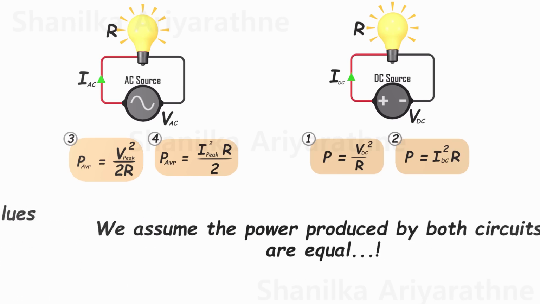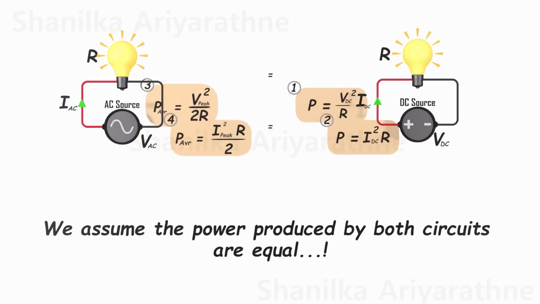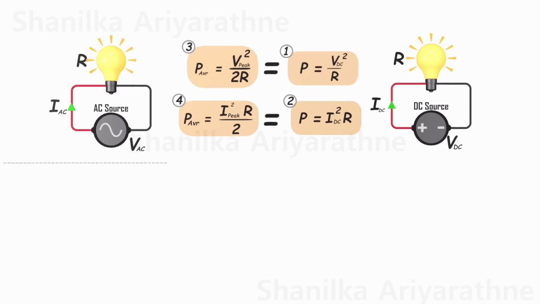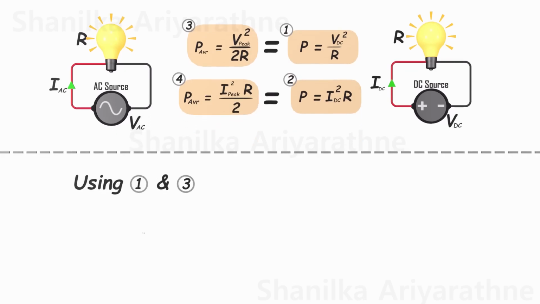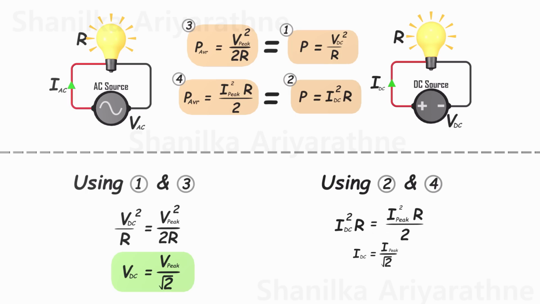Assuming the resistance in both circuits is the same, we consider the power produced by both circuits to be equal. By utilizing equations 1 and 3, we can determine the DC circuit's equivalent voltage value for the AC circuit. Similarly, by using equations 2 and 4, we can ascertain the DC circuit's equivalent current value for the AC circuit.